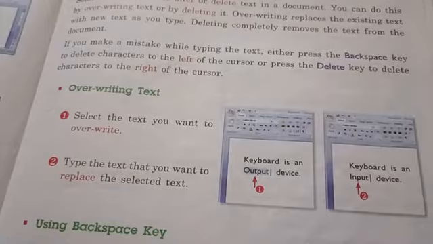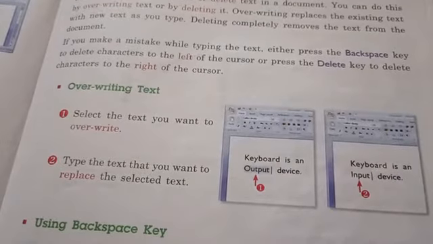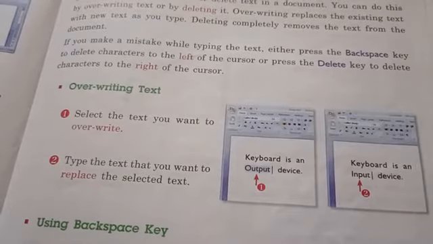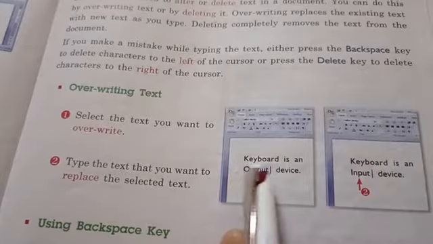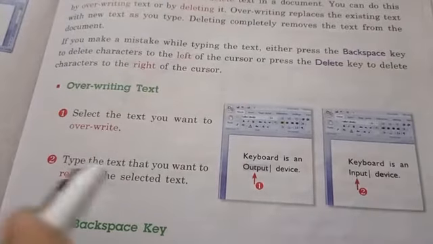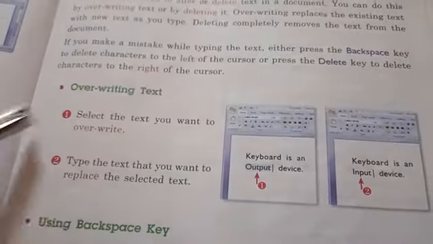You can make changes by overwriting. Just like here, "keyboard is an output device." You select it and then write "input." Changes are automatically done.